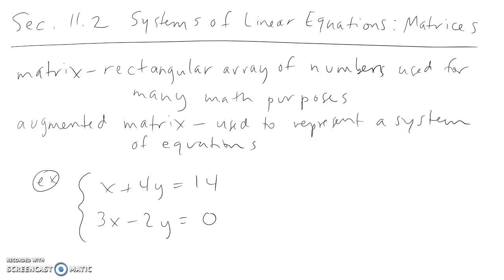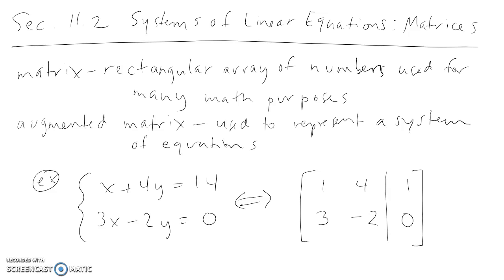Okay? So with a system like this in standard form, we can write it as what we call an augmented matrix, where all we do is list the coefficients of each of the terms. And we draw a little line here to show where the equals is.